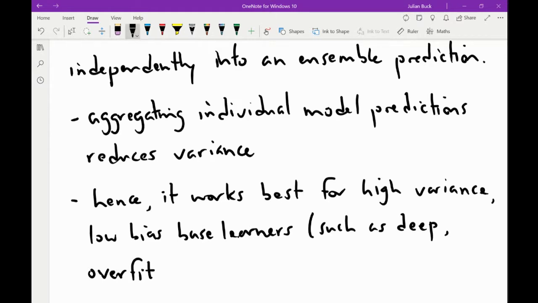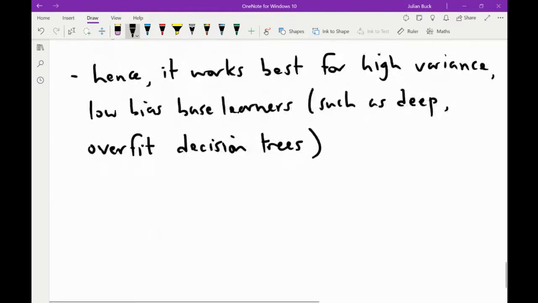So we start with a bunch of individual models that are all individually overfit, but then we aggregate them together, the overfittings sort of cancel out to some degree, and they smooth out, and that reduces the overall variance. So that essentially is how it attacks the problem of the bias variance trade-off.